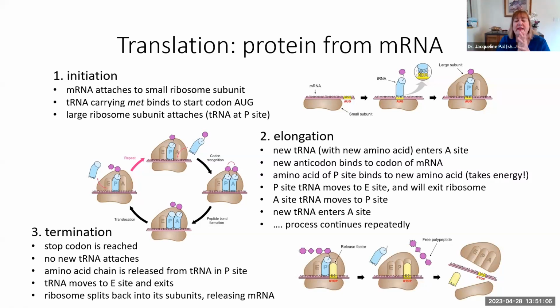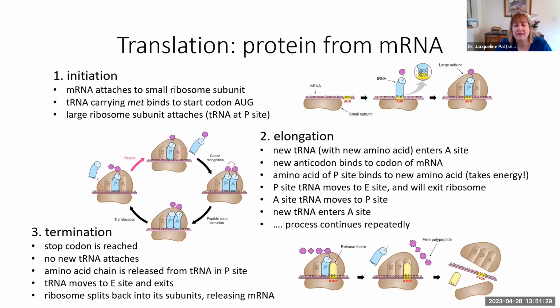We get to one of those 3 stop signs. So this is showing this protein chain has 4 amino acids and it has hit a stop sign. So at the stop sign, no new transfer RNAs can attach because nothing codes for a stop sign. All right.